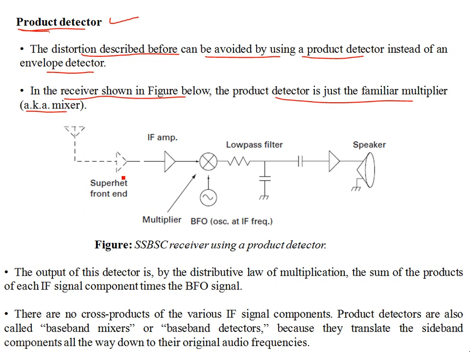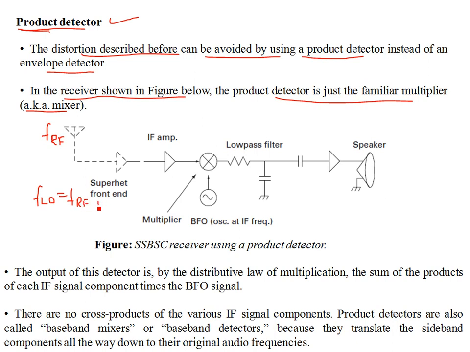If you have a superheterodyne receiver receiving the RF, which could lie in the AM broadcast range from 550 to 1700 kilohertz, this is mixed with the local oscillator signal, which is f_RF plus f_IF.